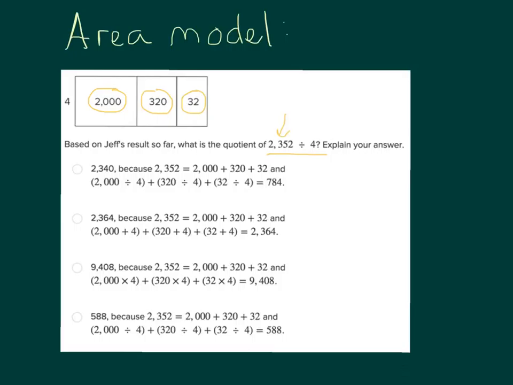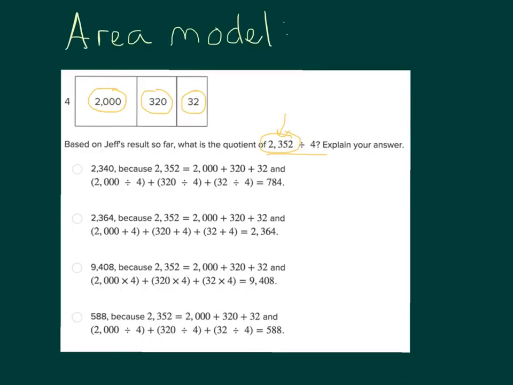He knew that 2,000 could be divided by 4, and he knew that 320 could be divided by 4, and that 32 could be divided by 4, and that those add up to 2,352.